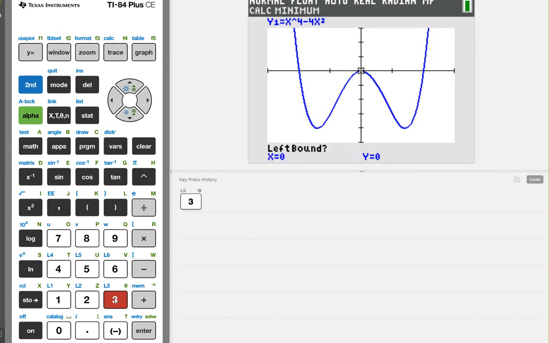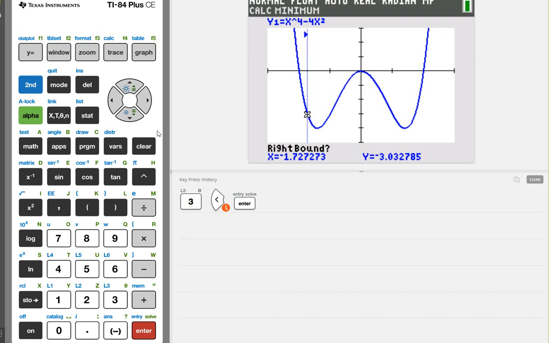Now the way the minimum works is you have to give it an area where to look. You have to give it something to the left of your minimum and something to the right of your minimum, and say, all right, look for the minimum in this interval. So you can take your cursor and cursor someplace to the left of your minimum, and then press the enter key. It doesn't have to be the same as mine.